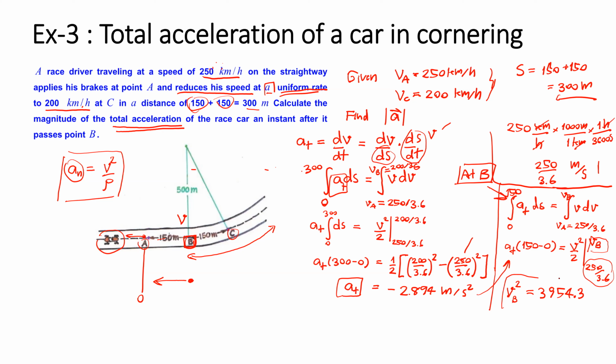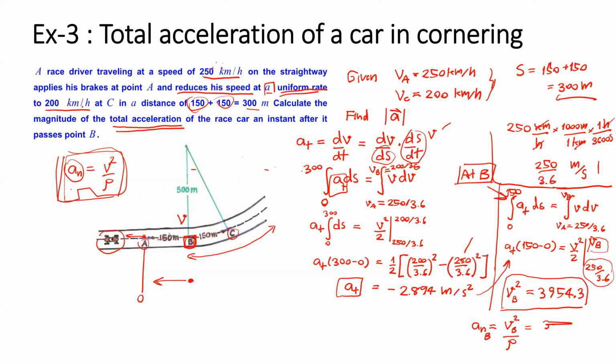And why did I compute the VB square instead of VB? Because the normal acceleration at point B is equal to the speed at point B squared divided by the radius of curvature.